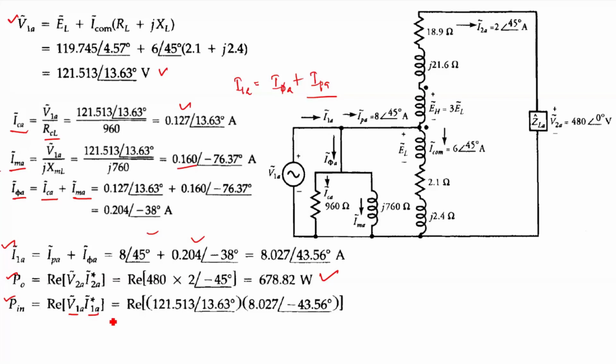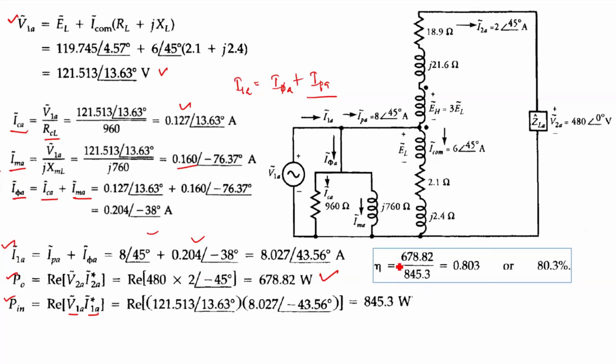So I can find the real part of V1A, I1A star, which will give me 8.027 at minus 43.56 degree. Okay, so now I can find the efficiency. Efficiency will be PO by PN into 100. It will give me 80.3%.